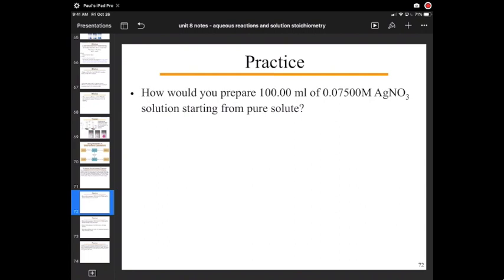So I go to the stockroom, pull out the bottle, it says silver nitrate. It's an expensive bottle because it is silver. And I need to make a solution that's 100 mils at that concentration. What do I start off with? Which number do I start off with?